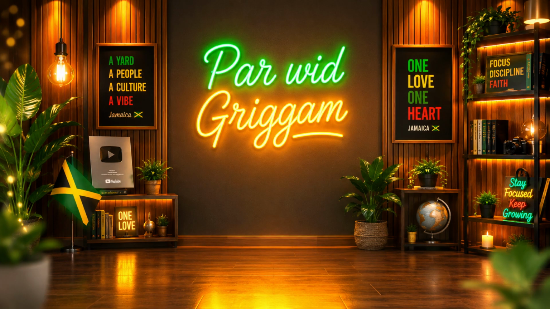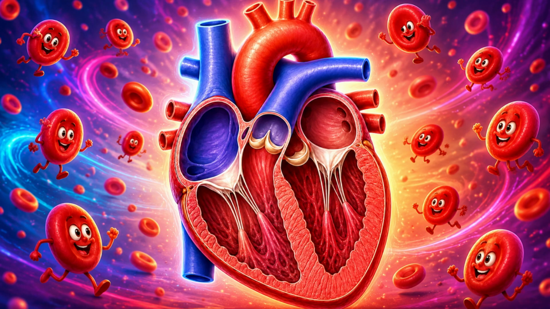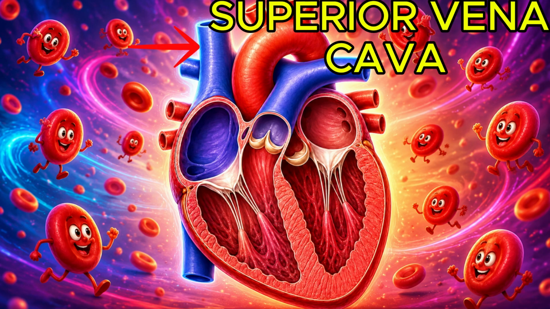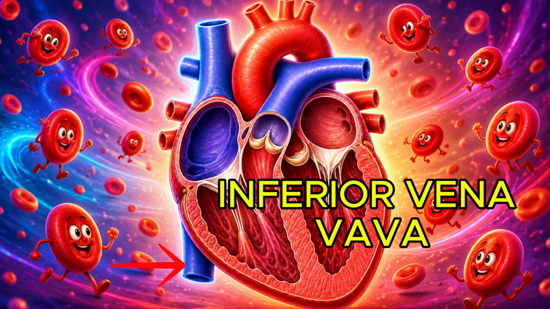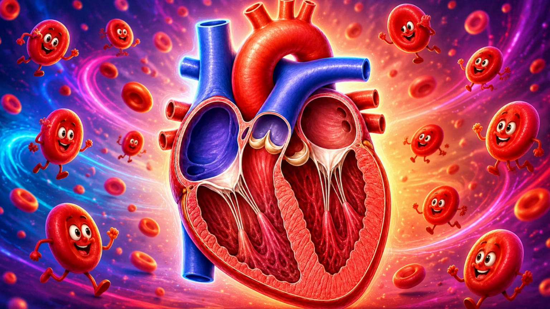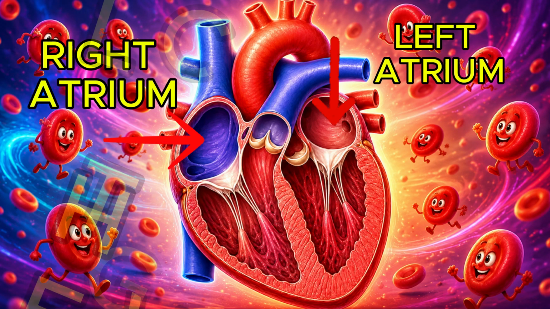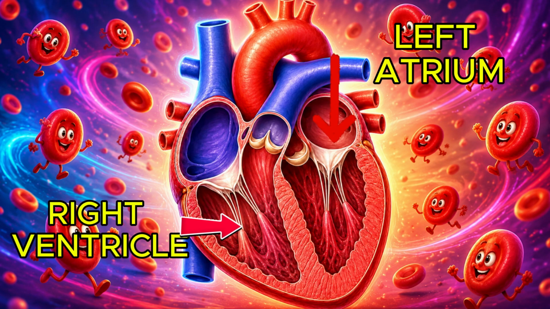Remember this: first of all, you have to know all of the major vessels involved in this. Let me introduce them. You have the superior vena cava and the inferior vena cava. Then you have the four chambers of the heart: the right atrium, the left atrium, the right ventricle, and the left ventricle.